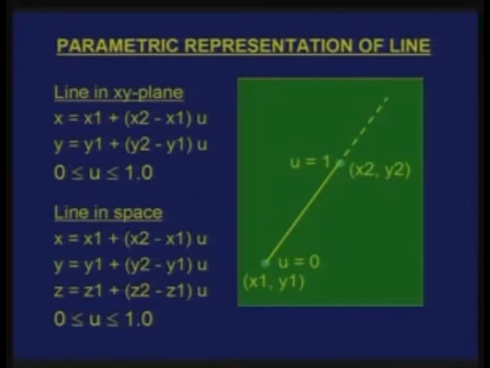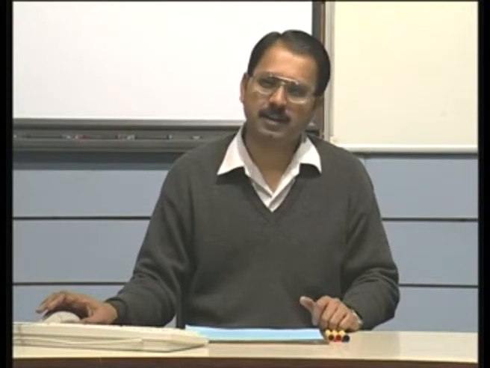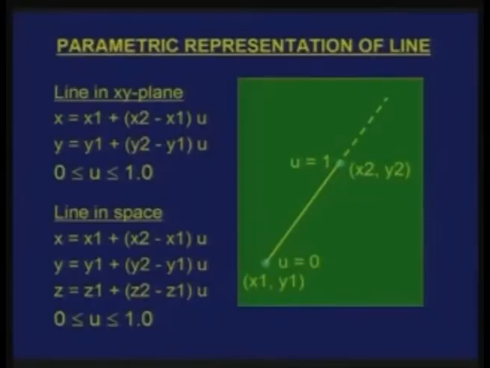The most common representation for a straight line is y is equal to mx plus c, where m represents the slope and c represents the intercept. But in parametric terms, you can easily define a line segment which starts at a specific point and ends at another point. So, here is a starting point x1 y1 and here is an end point which is x2 y2.